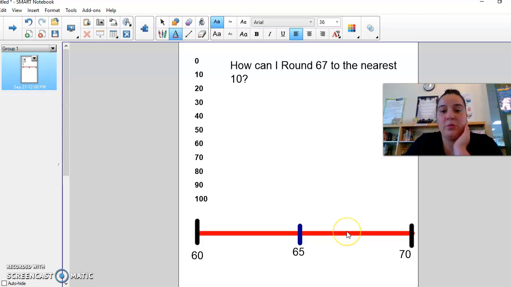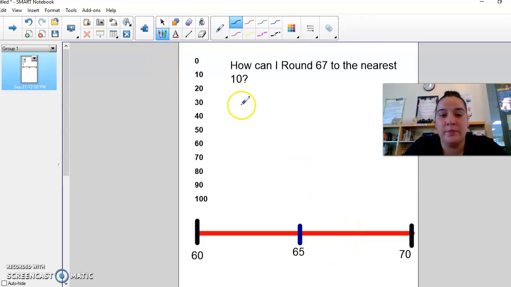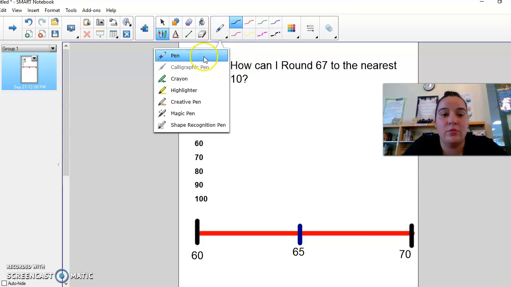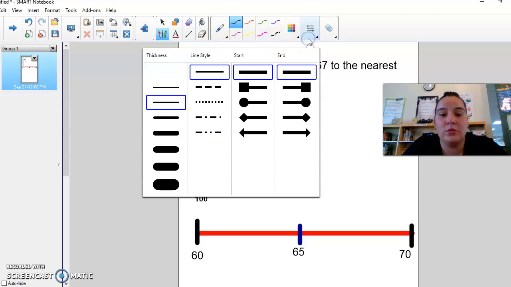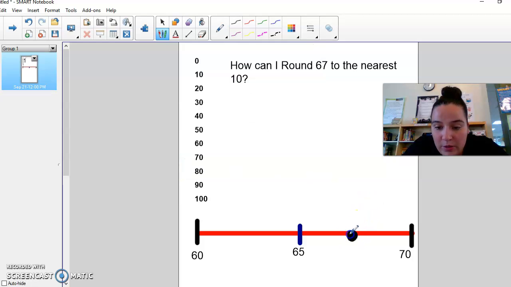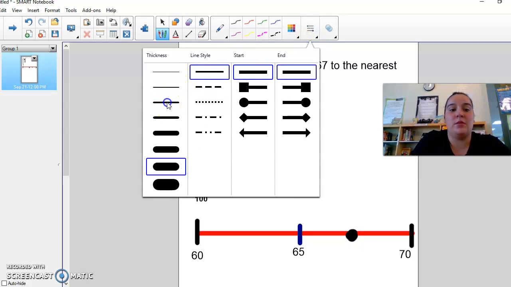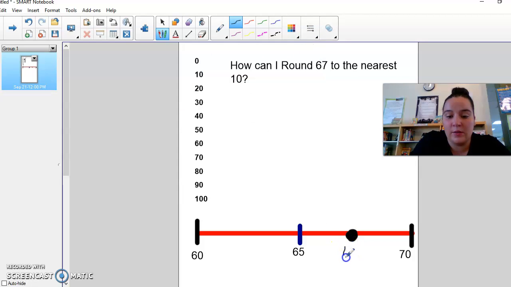Oh, so 67 would be about here. So what I'm going to do is I'm going to draw a little point, going to make my dot right here. So that's going to be about where 67 is. Okay, and I'm going to make that thin again. And I'm going to label that 67.